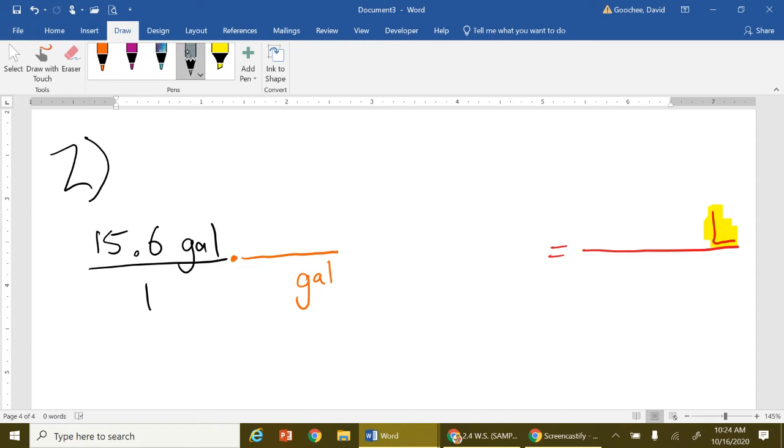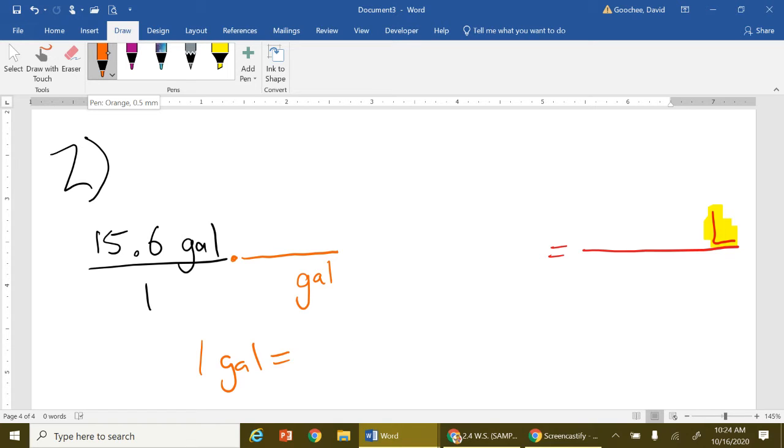So we want to get out of gallons, and what can we turn gallons into? You've got some options. Maybe I know that 1 gallon is equal to 4 quarts, and then maybe you can get from quarts into liters. That could be a 2-step problem here. But in fact, I give you the conversion here.